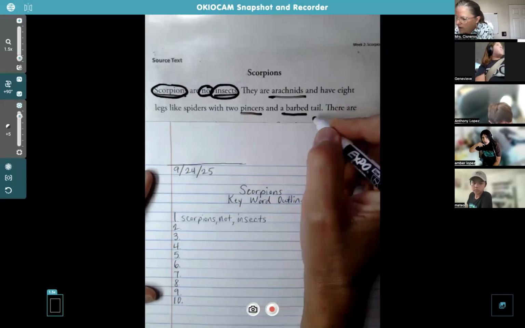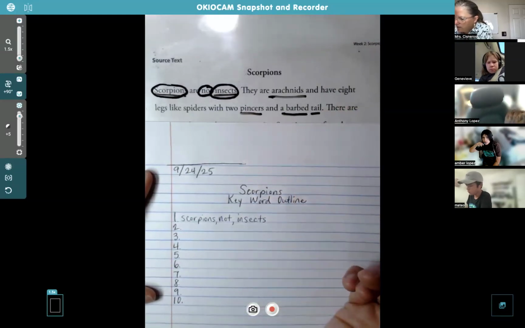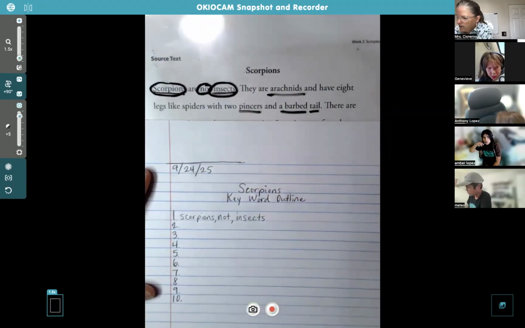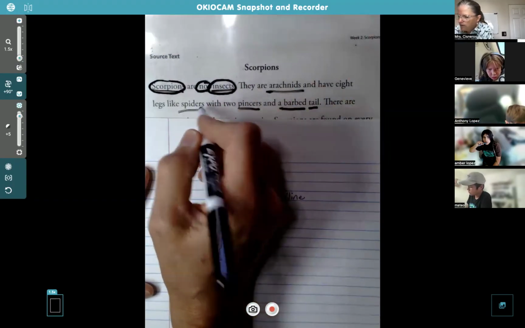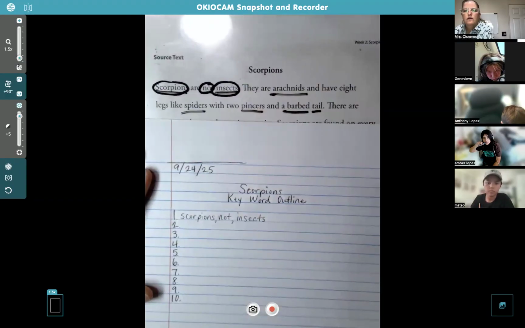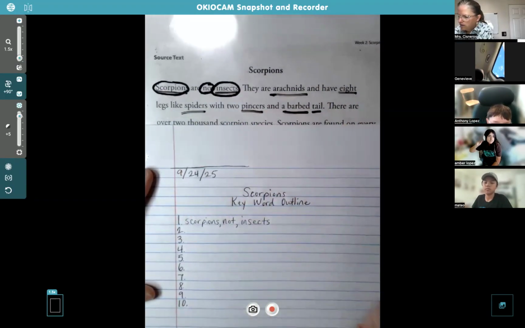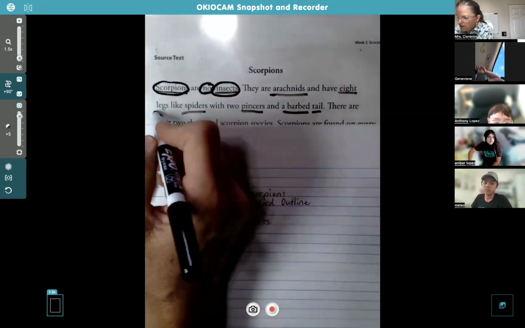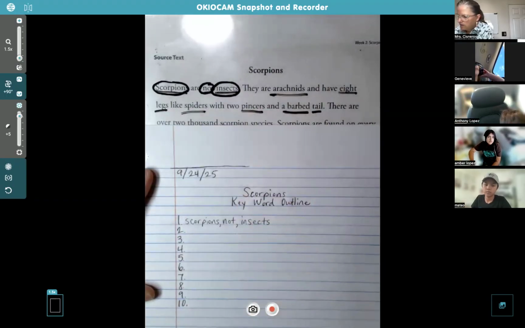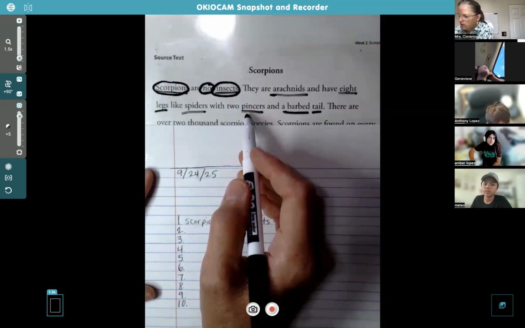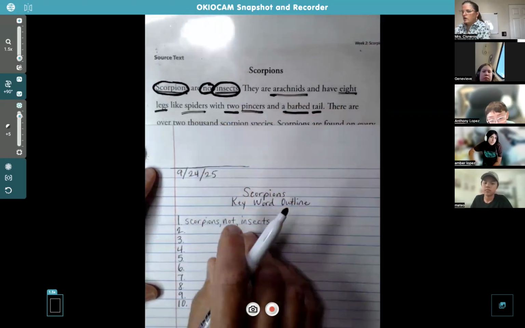Tail. Tail, good. Spiders. Yep, that's a key word. 8. Yep, 8. Legs. Yes, legs. How many pincers? 2. Good. So I think those are all the keywords.